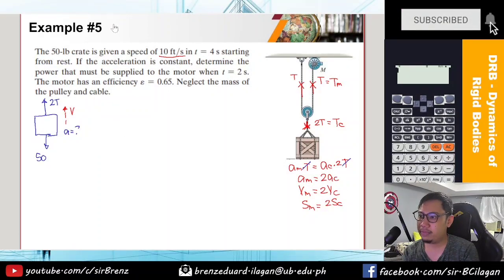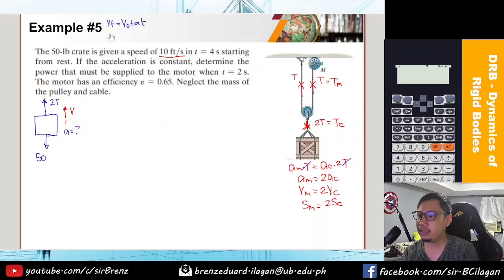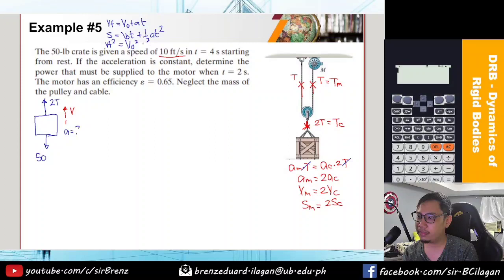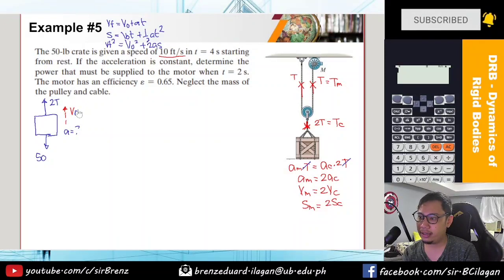We have three equations for rectilinear translation. The first is final velocity equals initial velocity plus a times t. The second is s equals v naught t plus 1/2 a t squared. The last is final velocity squared equals initial velocity squared plus 2as. Since the time and the final velocity of 10 feet per second are given, we can use the first equation.